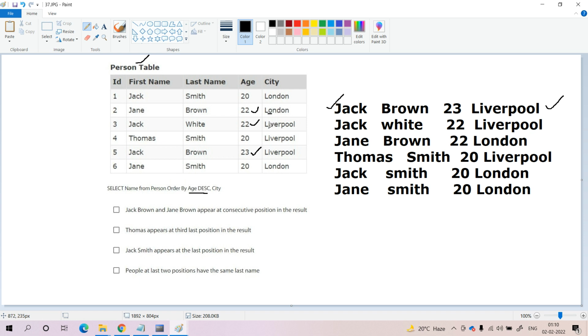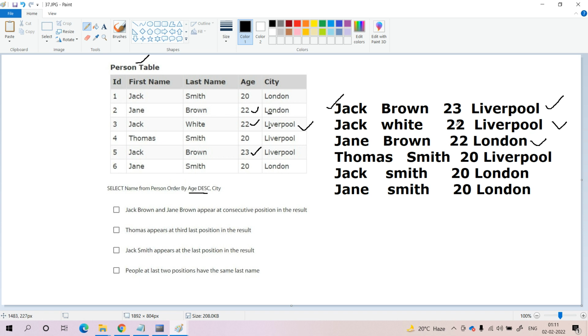In the next letters, I comes before O. That's why we consider this record as the second record. For the city we need to follow ascending order, so Jack White, 22, Liverpool will come first when compared to Jane Brown, 22, London.